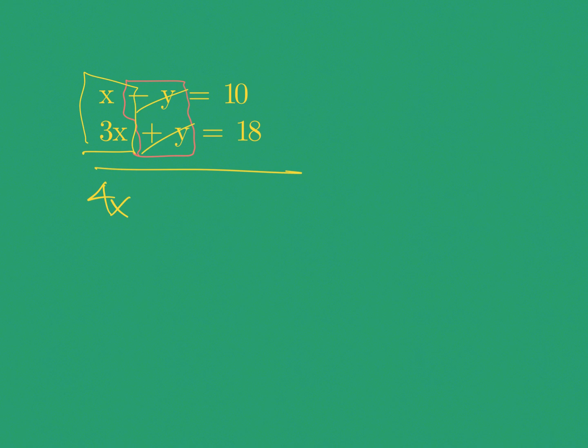So we're looking up and down here. We're combining like terms. 1x and 3x is 4x. Negative y plus y, gone, eliminated. We still have an equal sign. And then right here, what's 10 plus 18? 28.